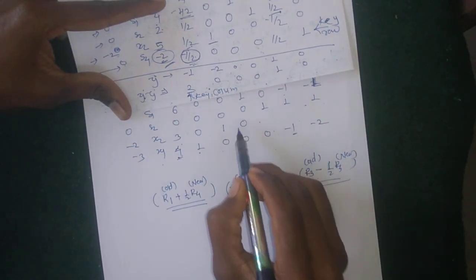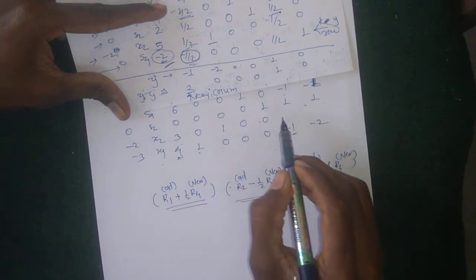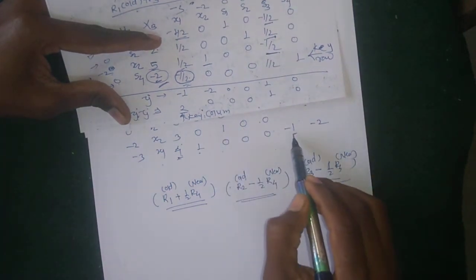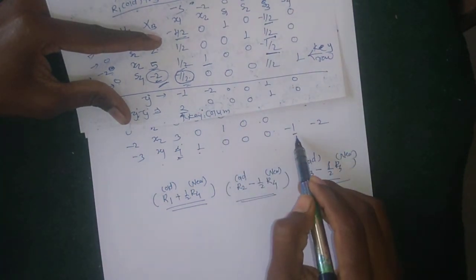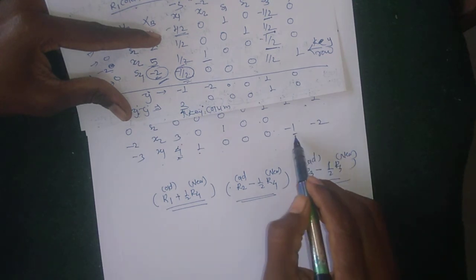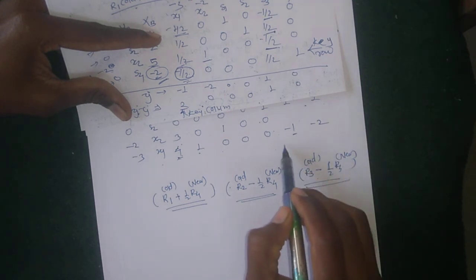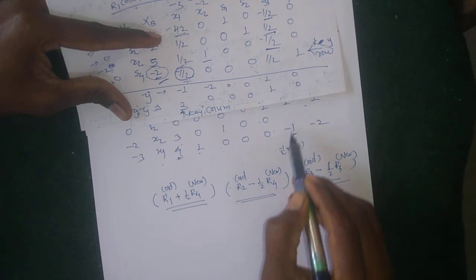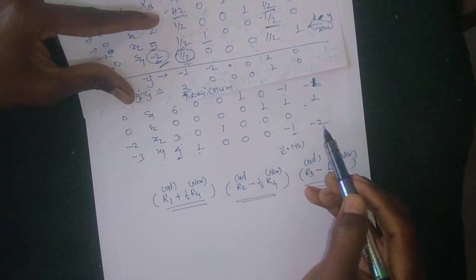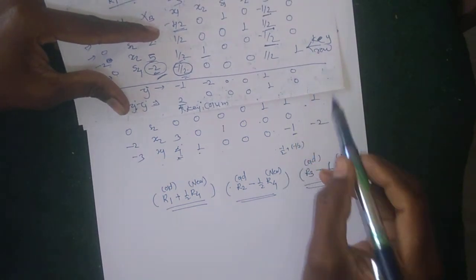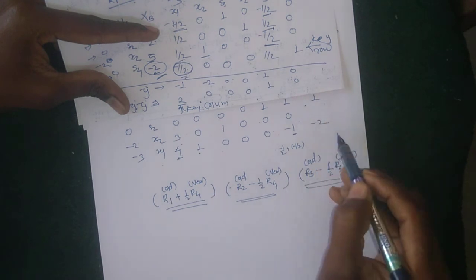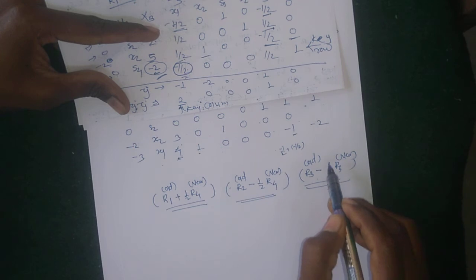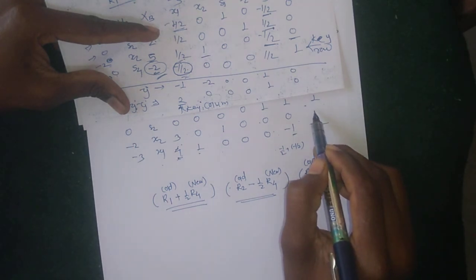Then the s1 column, 0 minus 0 as it is. For the s2 column, 0. For the s3 column, minus 1 by 2 plus 1 by 2 is 0. And the last is 0 plus 1 by 2, and here plus 1, 0 plus 1 is 1.